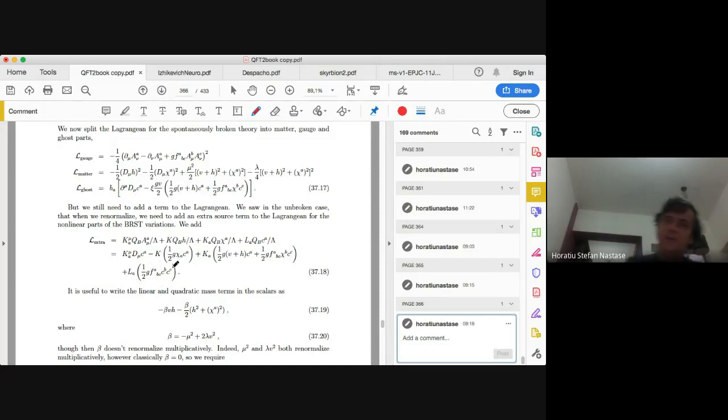The linear parts, we're not sourcing them. So even though I write it like this, if there's a linear part, I drop it. Then chi^a times 1/2 g (v + h) c^a plus g over 2 f^{abc} chi^b c^c plus L^a 1/2 g f^{abc} c^b c^c, which is the nonlinear part of the variation of c^a.